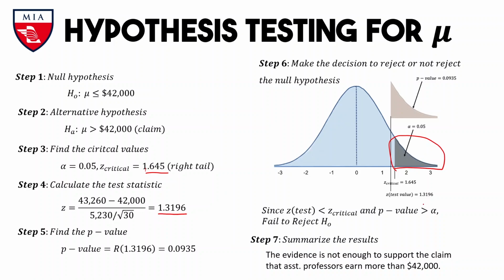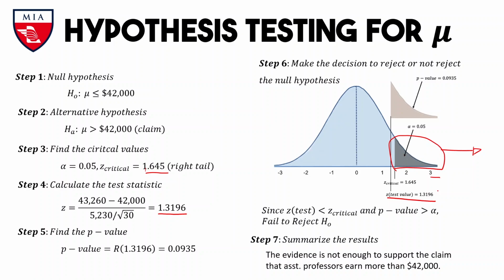Is 1.316 in the region of 1.645 onwards? The answer is no. Therefore, the value of your test statistic is not in the critical region. Our critical region here is the gray, so the z-test value is not in the gray area.